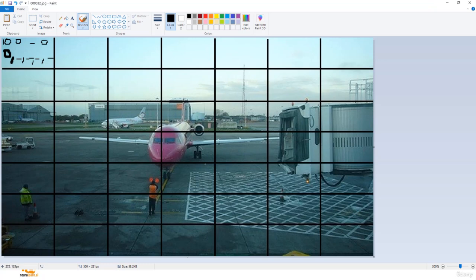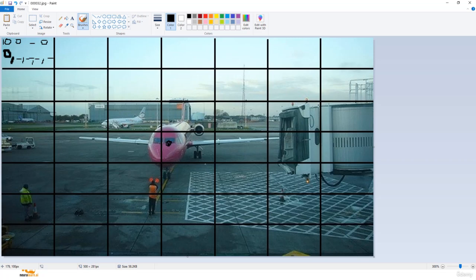Then for the next one, let's pick up this grid cell. Suppose we're in this grid cell. We can see clearly here that we have the center of this aeroplane, which is somewhere around this position. Then it means this grid cell is responsible for detecting this aeroplane. We have seen this in the paper, and that's exactly what it means. So this grid cell is responsible for that.